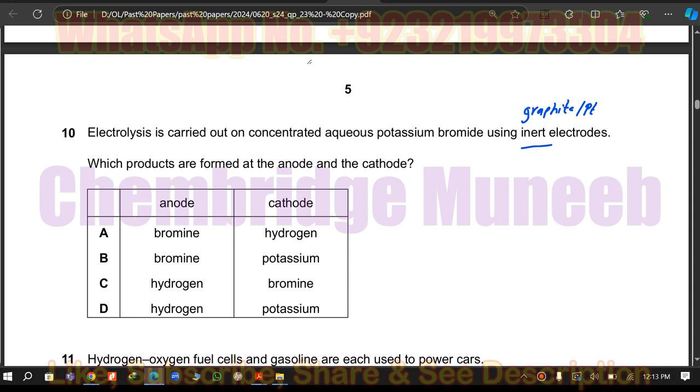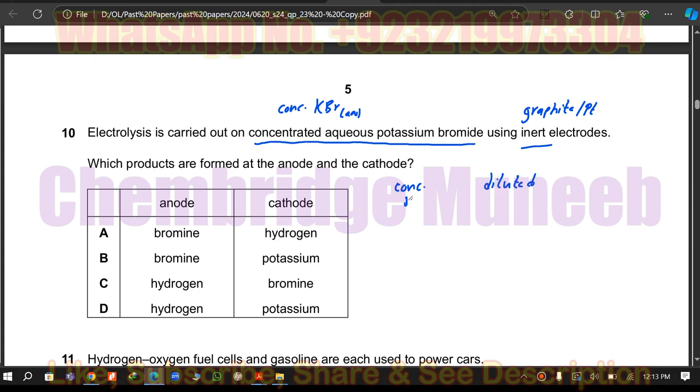Using these electrodes, the compound which we are taking is concentrated aqueous potassium bromide. So here the products formed at the anode and cathode should be associated with the concentration. We know that they can be either concentrated or diluted.